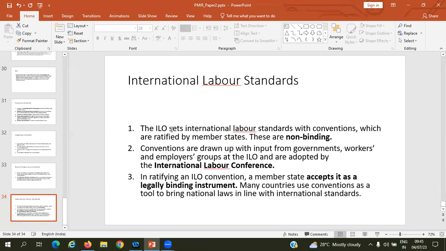Conventions are drawn up with input from government, workers and employers groups at the ILO and adopted by the International Labour Conference.